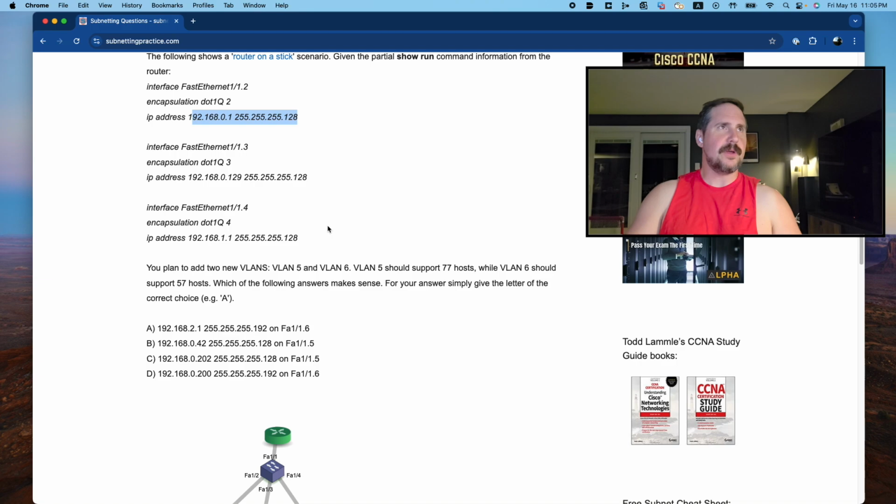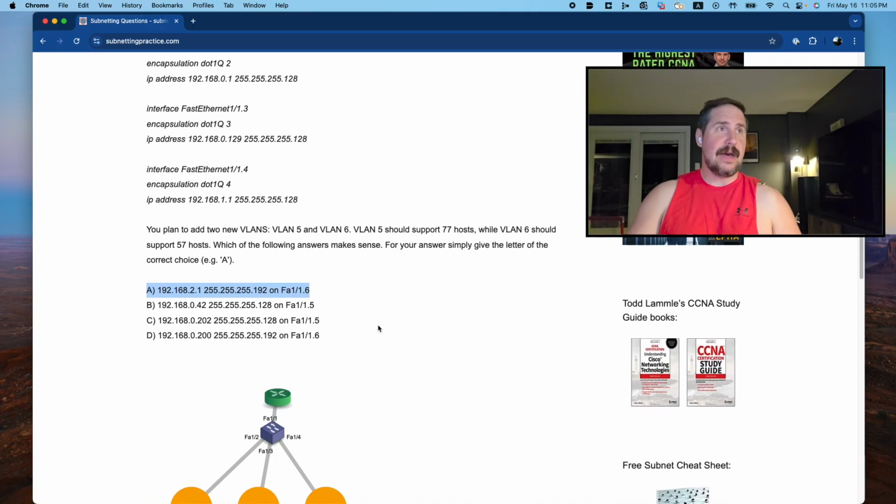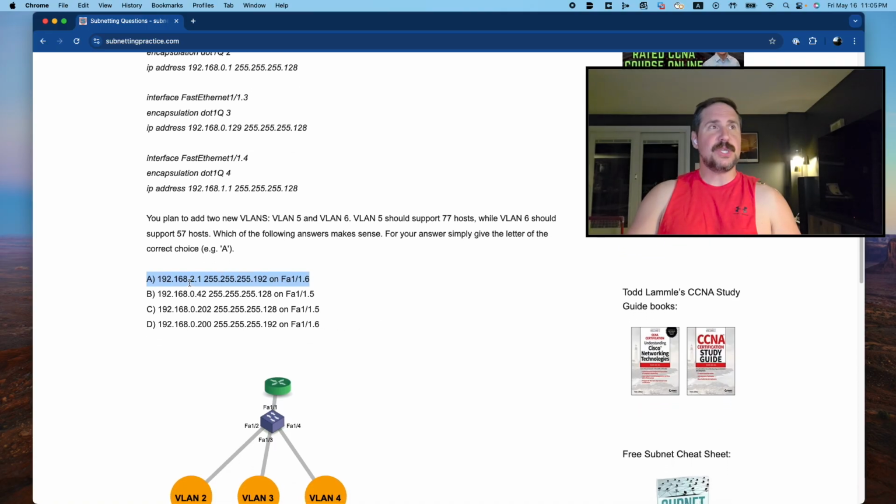They're all used up. Okay, so we need to be in a different subnet. Now, we might assume, because we're in the .2 of the third octet in this case for option A, that VLAN 5 occupied the other half of the space still available after interface 4 took up the first half, the first 128 hosts.